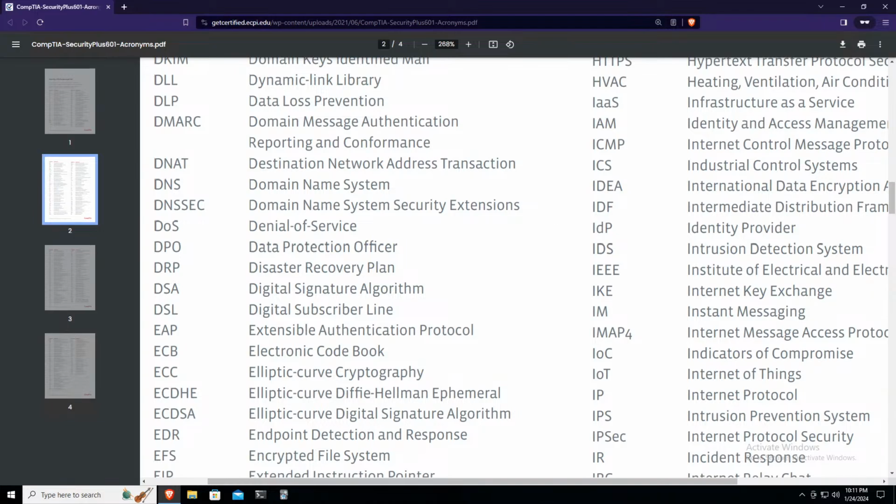DPO, Data Protection Officer. The best example I can think of is the GDPR standard, where you have someone that ensures there's transparency in where your personal data is going, and a DPO is like a delegate that ensures that is happening, right?